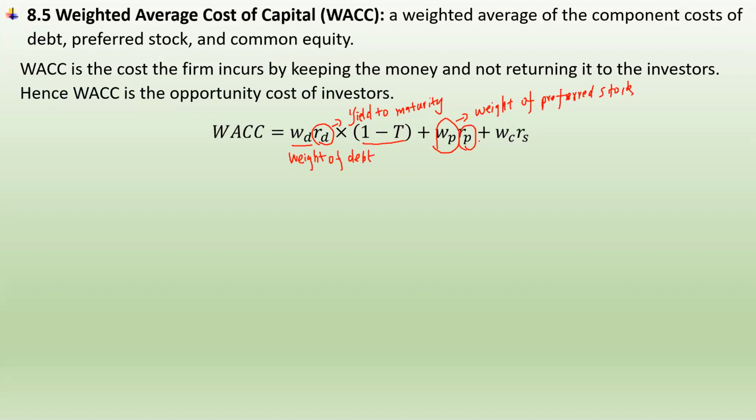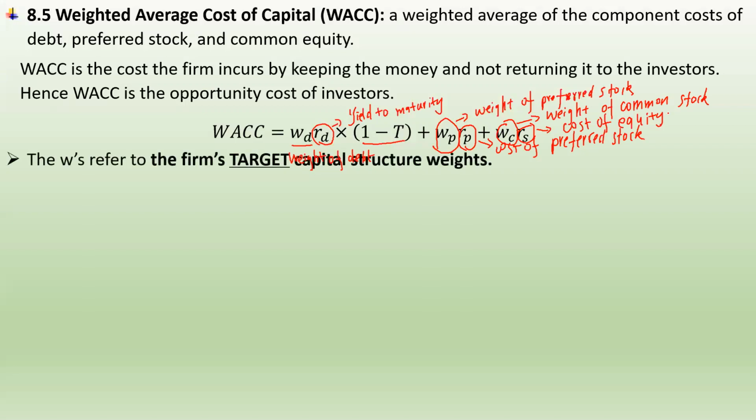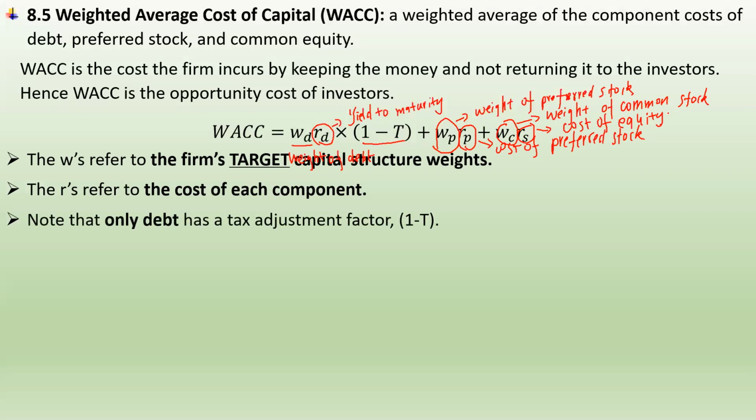And then RP is the cost of preferred stock. And WC is the weight of common stock, and RS is the cost of equity or common stock. So again, we use the target capital structure weights. That is the best.